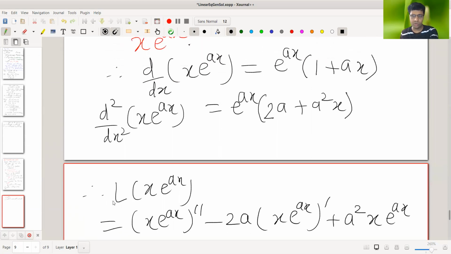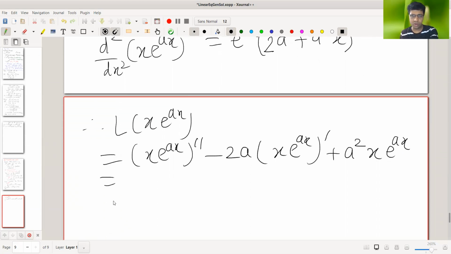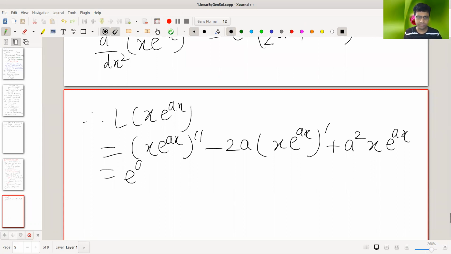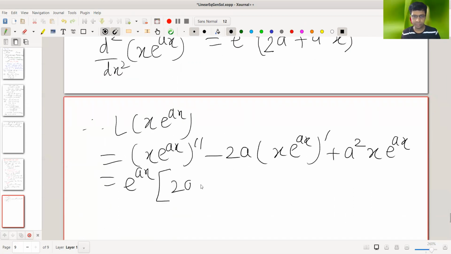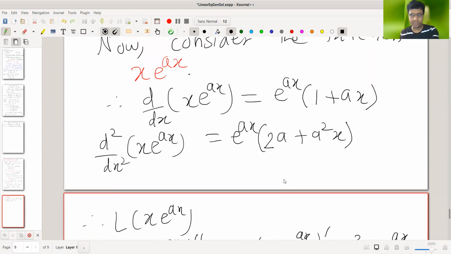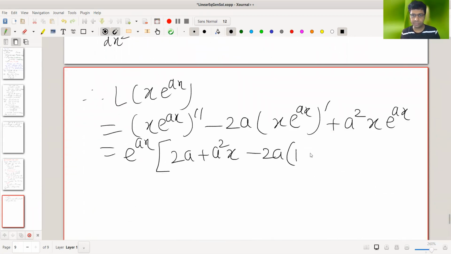Okay, so e raised to ax will be common into, we have 2a plus a square x. This is for the second order derivative, minus 2a into the derivative of x e raised to ax. It is now 1 plus ax, we have taken e raised to ax common, plus a square x.